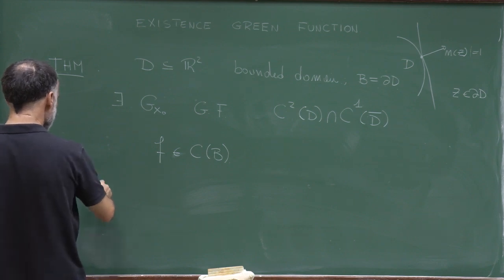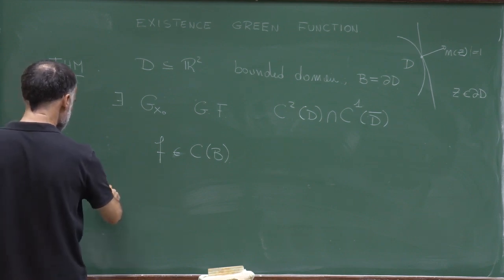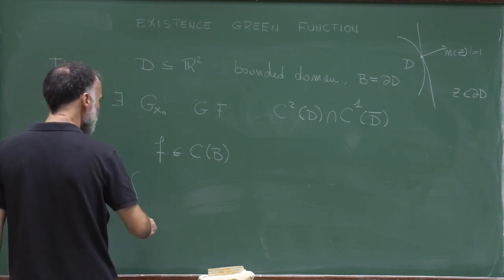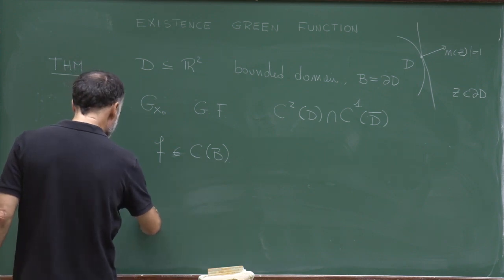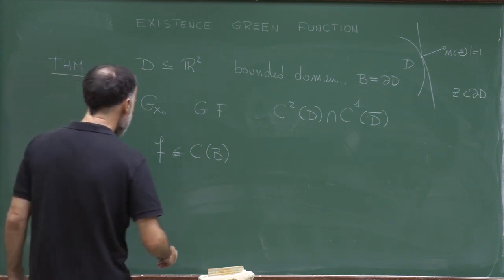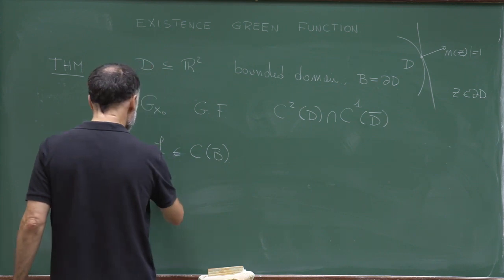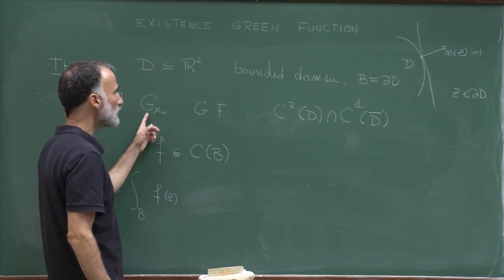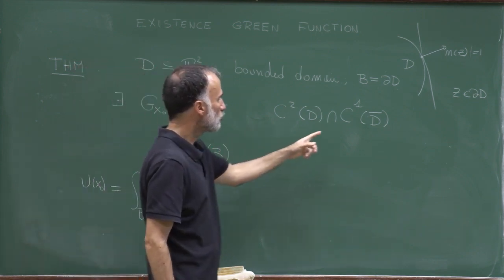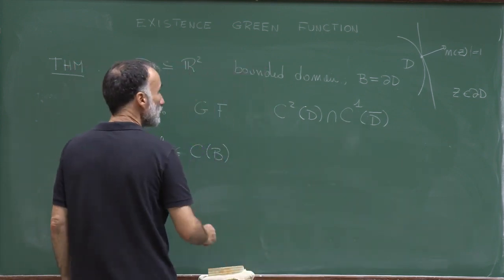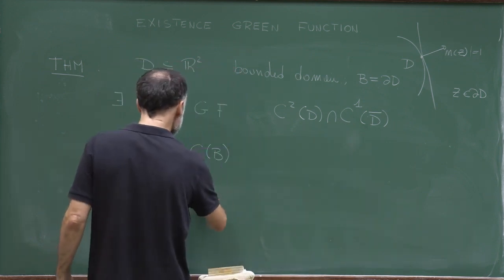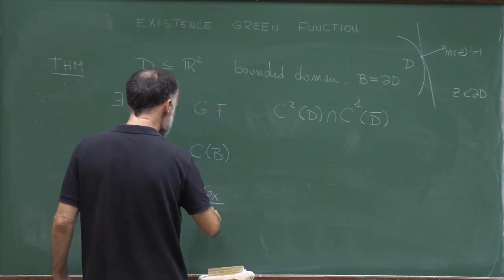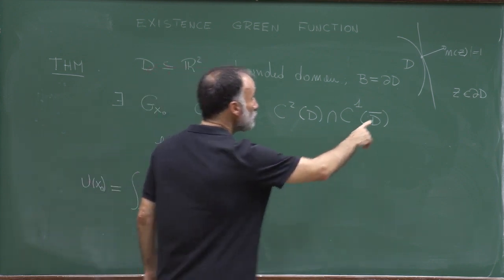Let me define u of x0 to be the integral over the boundary of D of f of z. And now since g of x0 is assumed to be C1 up to the boundary, I can take its derivative with respect to this unit vector n.